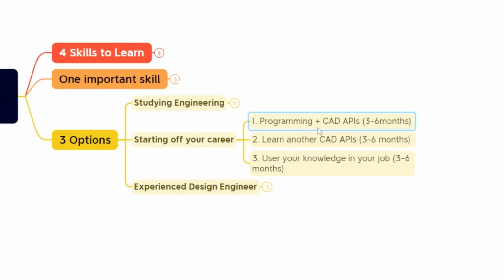Then 3 to 6 months is utilizing that knowledge, appearing for interviews, and improving your hands-on, and try to attend as many interviews as you can, and work on the interview feedback so that you can improve and crack the next one. So this can typically be a 1 to 1.5 year roadmap for you to get into the design automation CAD development role.